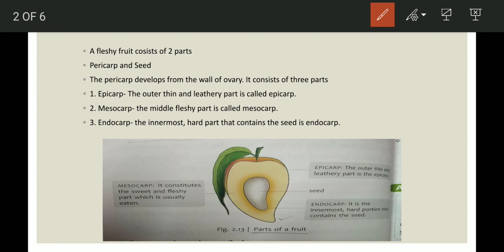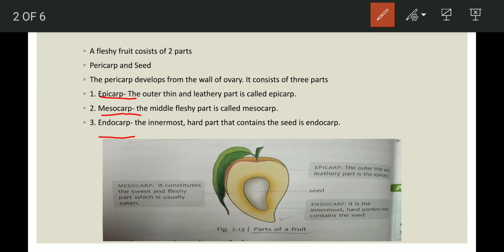It consists of three parts: epicarp, mesocarp and endocarp. मीन्स फ्रूट के दो पार्ट होते हैं, पेरिकार्प और सीड्स. पेरिकार्प जो होता है वो थ्री पार्ट से मिलकर बना होता है. That is, first one is epicarp, second is mesocarp and the third is endocarp.